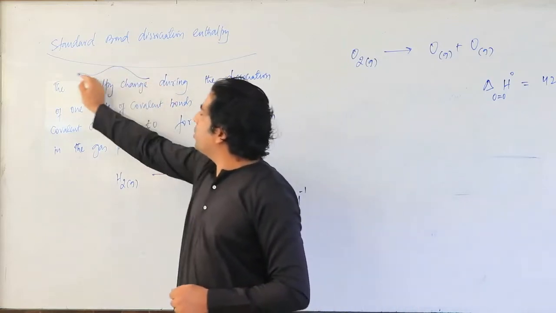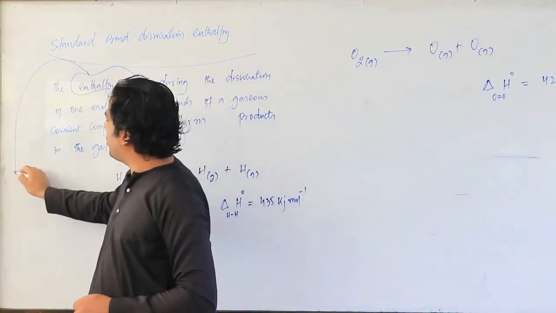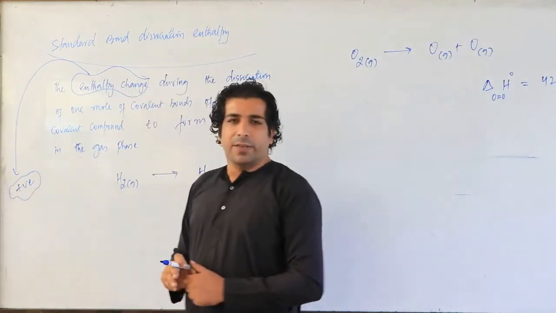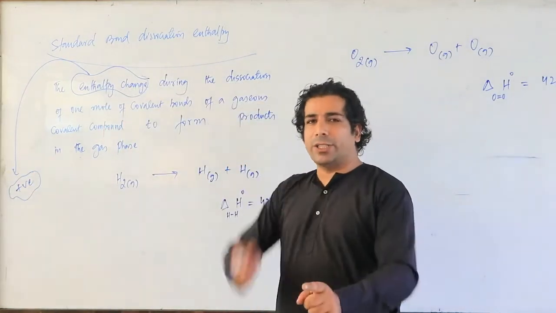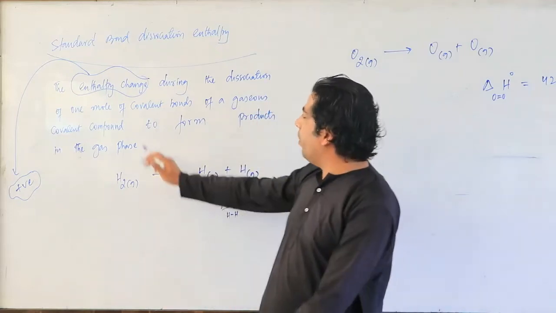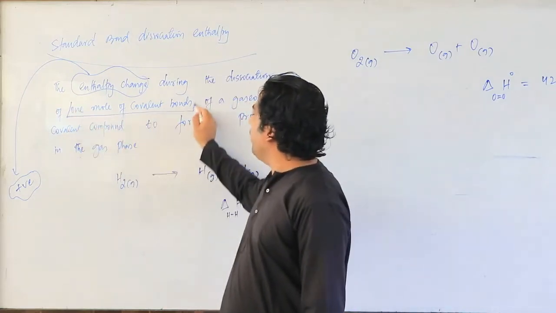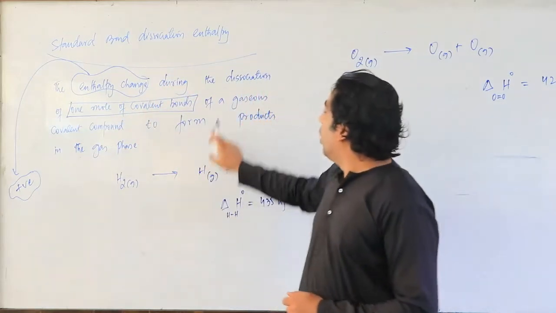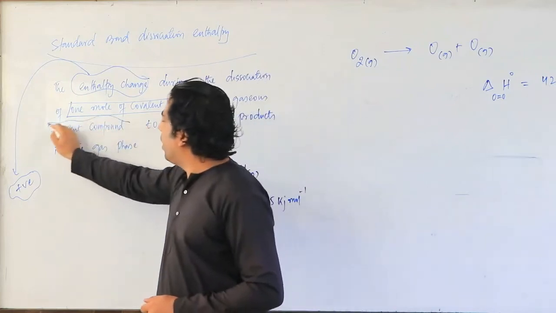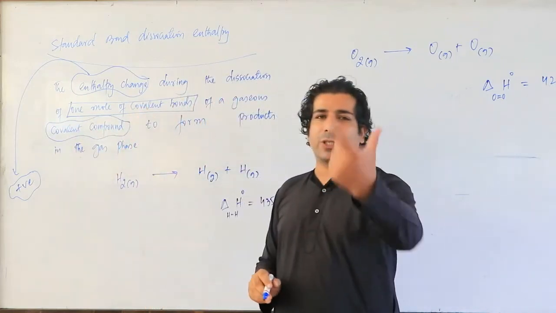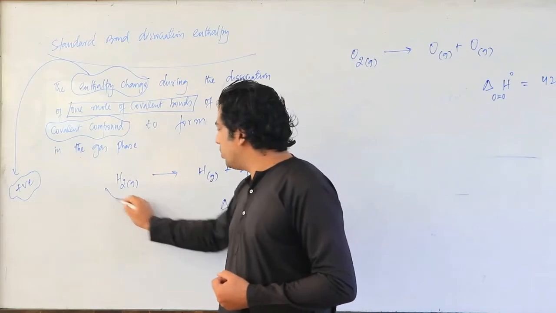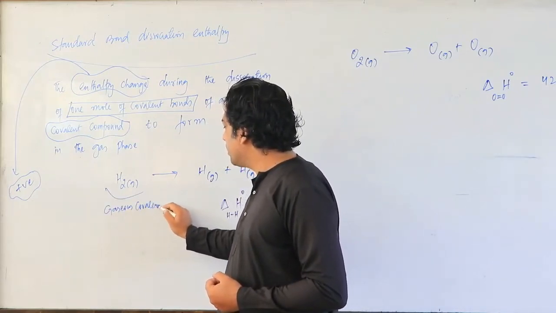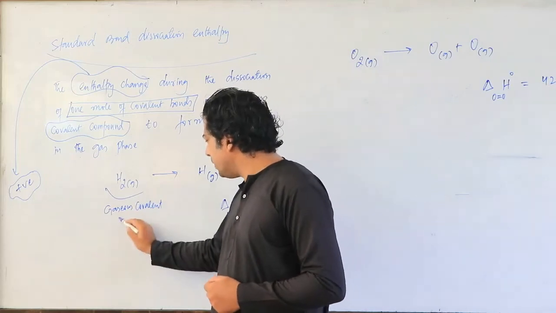The enthalpy change, and we know that this enthalpy change is obviously positive, my dear friends. When we dissociate the bond, we require energy for breaking the bond. And how many moles of bonds you are breaking? You are breaking 1 mole of covalent bonds of a gaseous covalent compound. So you take a gaseous covalent compound. Let's suppose hydrogen is our gaseous covalent compound. It's a covalent substance.